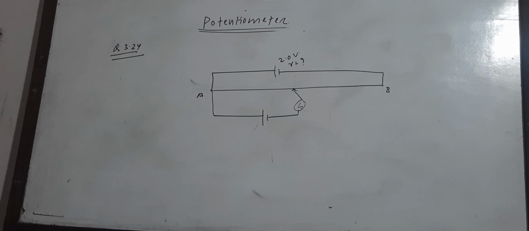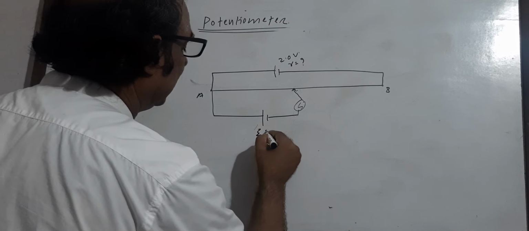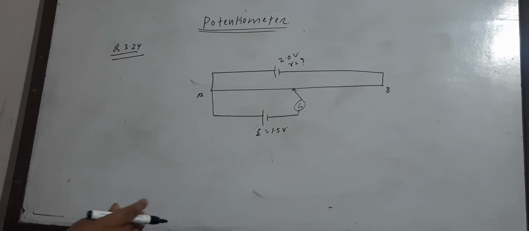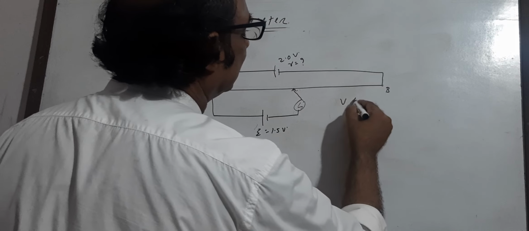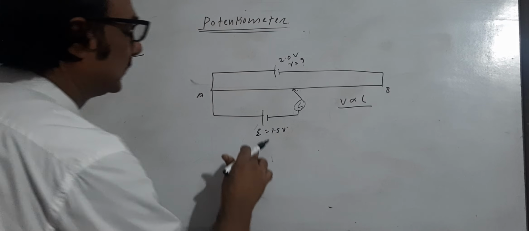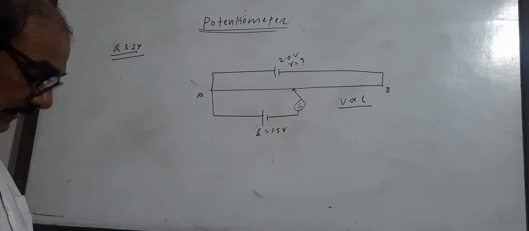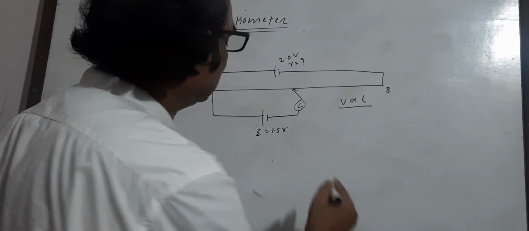The value of EMF E equal to 1.5 volt, and as we know the principle of potentiometer V proportional to L, the balancing length for E 1.5 volt is 76.3 centimeter.